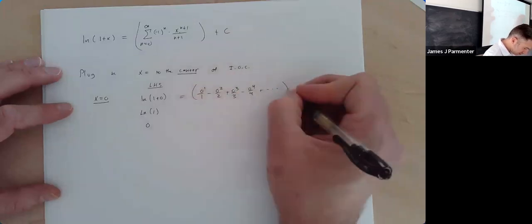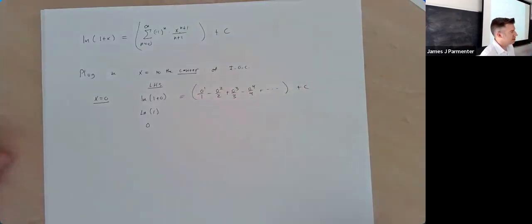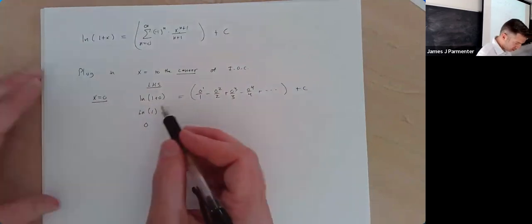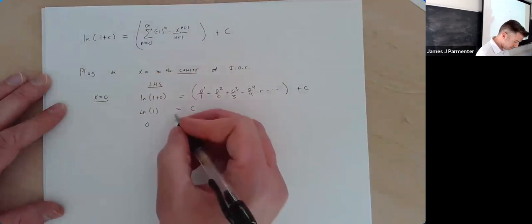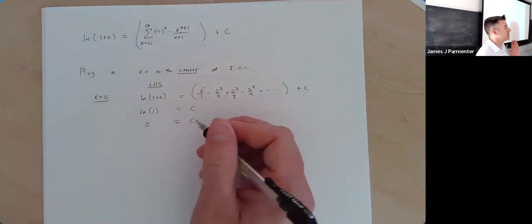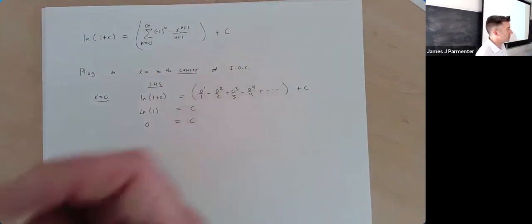And then finally, there's a plus c at the end. So here's what really happens. Whenever you plug in the center, all of the terms in the summation are just 0, because the center is the value that makes everything equal to 0. So when we plug in that center, all these go away, and you just end up getting that c is equal to whatever the left-hand side is equal to. And most of the time, not all the time, that's going to be 0.